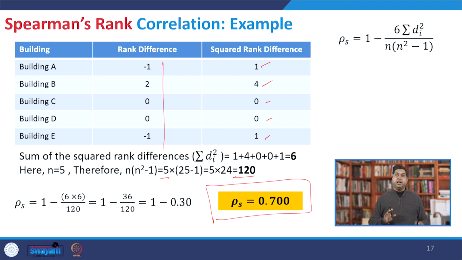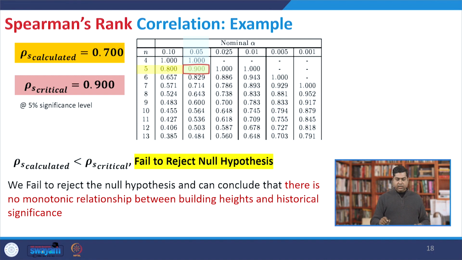So this is the calculated statistic. Again, we have to compare it with the critical value. So again, we have to refer a table. So in this case, the number of observation 5, so we have to take that value, and also the 5% significance level, the value is to be taken corresponding to 0.05, so the value is 0.9. So what happened in this particular case?